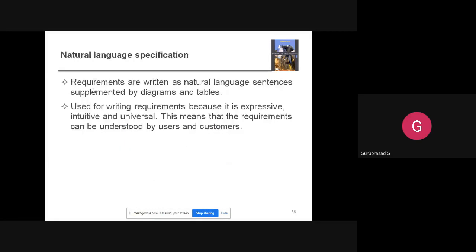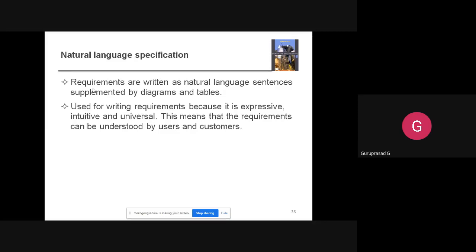So natural languages, as I already mentioned, requirements are written as natural language sentences. They can be well understood by the users and customers.